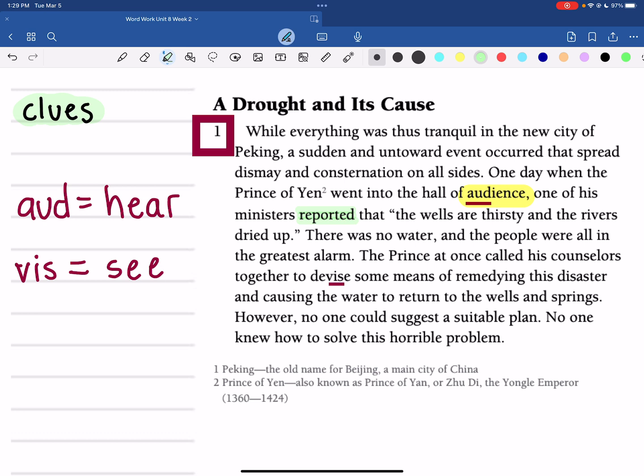So I see this as a clue that helps me figure out what the word audience means. If the ministers are reporting this into the entire hall, it would make sense that it's not empty and instead is full of people who are listening. So this handy dandy clue helps understand what this means.